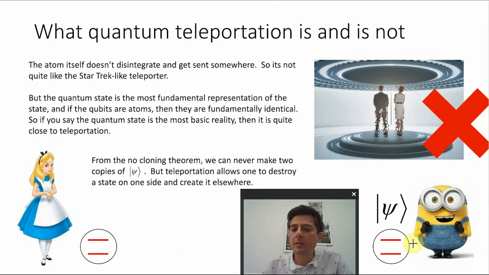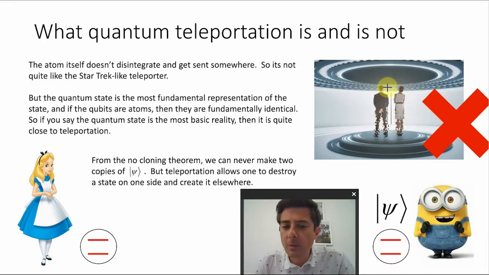Teleportation is consistent with the no cloning theorem because, of course, we don't have two copies of the state. What happens is that you have one state here, but then it gets destroyed, and simultaneously created on the other side.